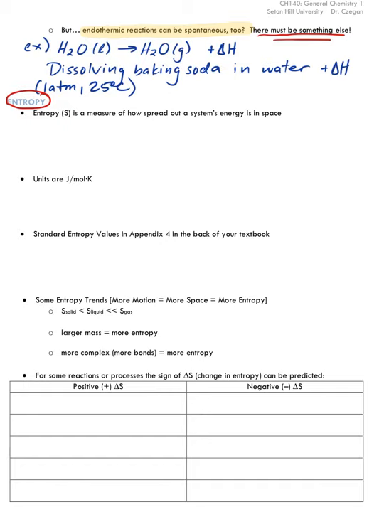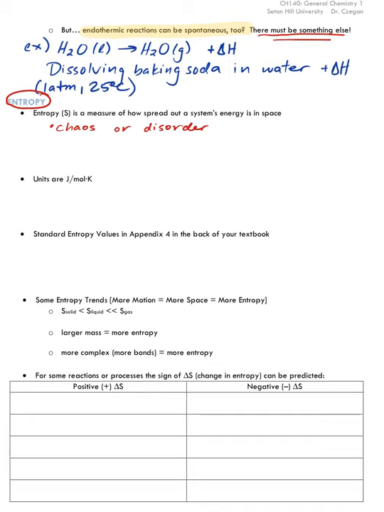Oftentimes, entropy is described as chaos or disorder, which are situations that often have more entropy but are not the actual definition of entropy. So entropy is how spread out a system's energy is. The more disordered something is, the more spread out it ends up. So more disordered things have more entropy.